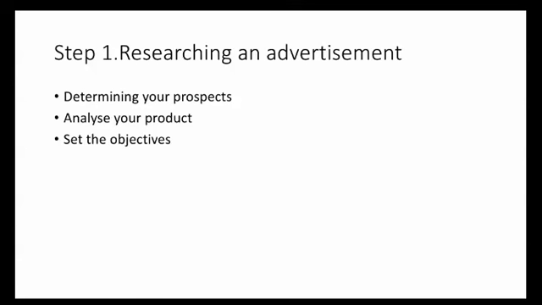The last step involved in researching an advertisement is to set your own objectives. If a company is involved in an integrated marketing communication strategy, there is a need to work closely with the marketing manager to develop the sales message.